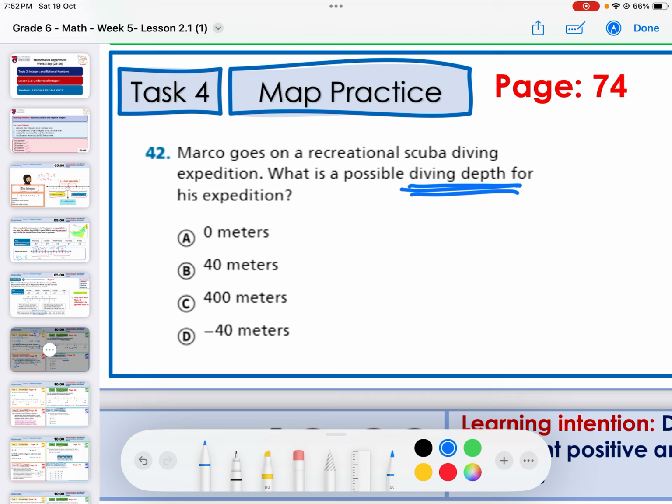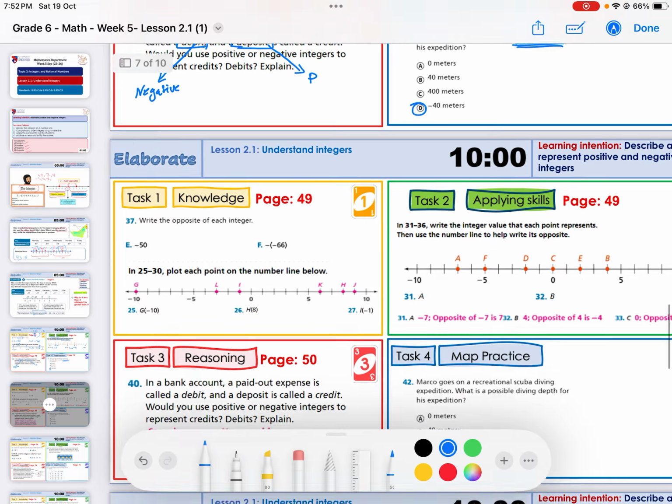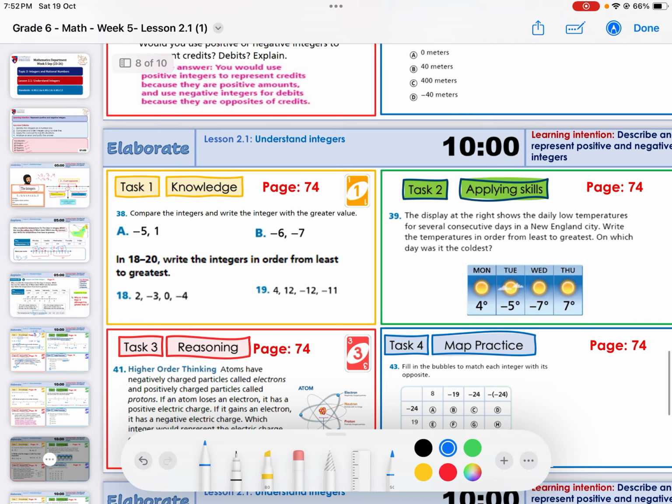Negative. So which option should be your answer? We only have one negative answer, and that will be D. Okay, remember, dive, deep in the ocean, depth, below, beneath, all these keywords indicate you should be using a negative integer.